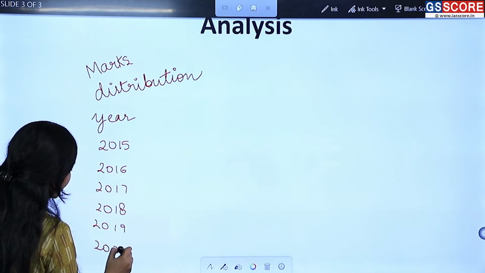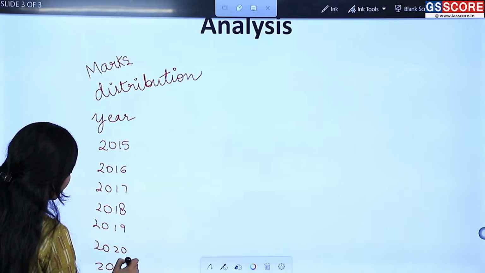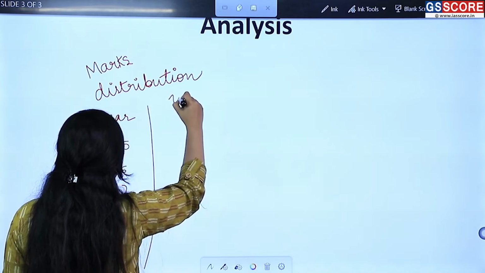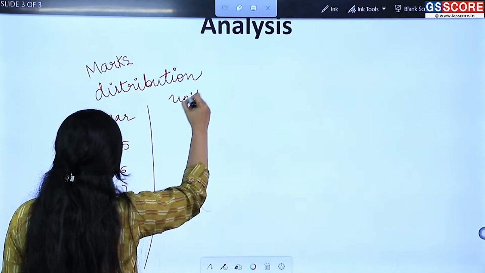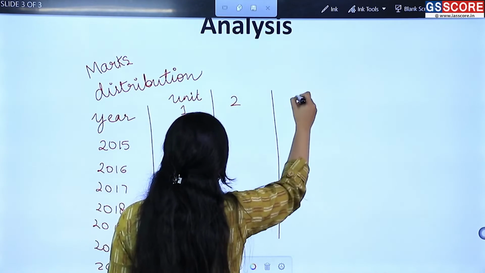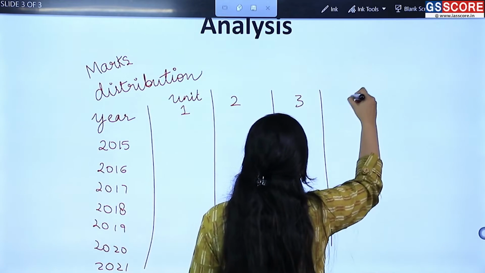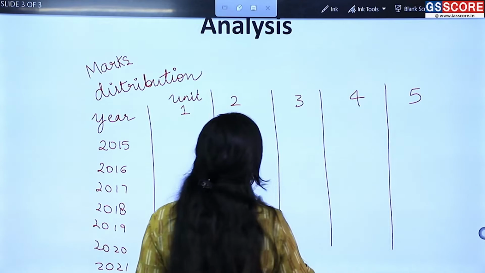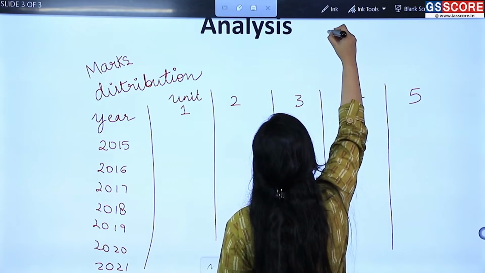Then we will discuss the last 3 years and the questions of 2021 with particular importance, right? Unit wise, unit 1, 2, 3, 4, 5. I have divided it according to the units we have discussed.